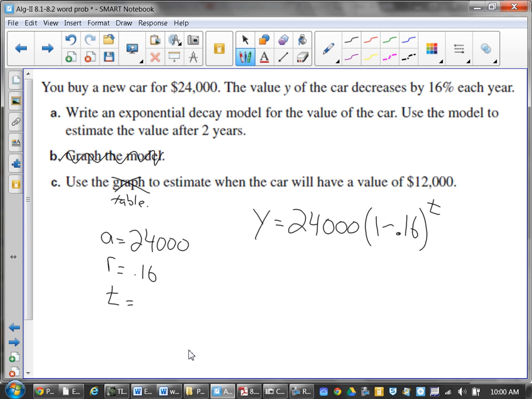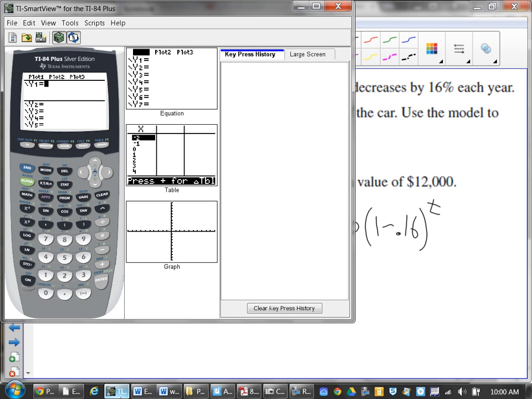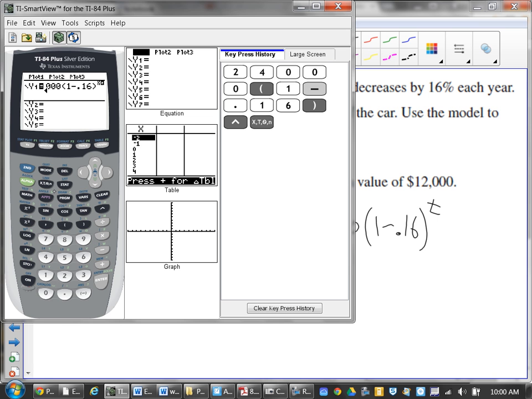If you look at your calculator, it has x, t, theta, and n. It's just a variable. So y equals 24 grand times 1 minus 0.16, in parentheses, to the x.